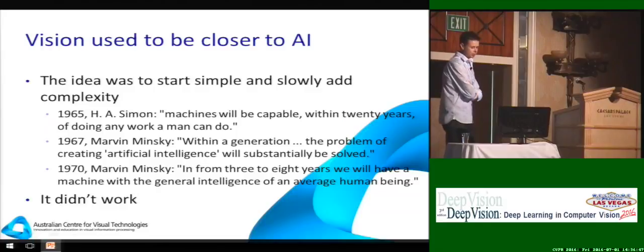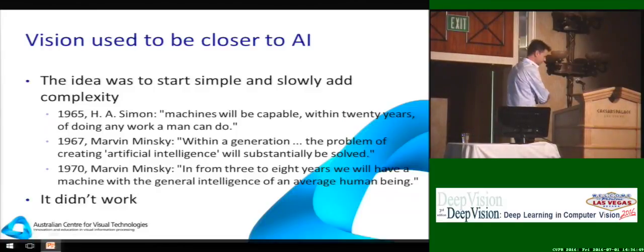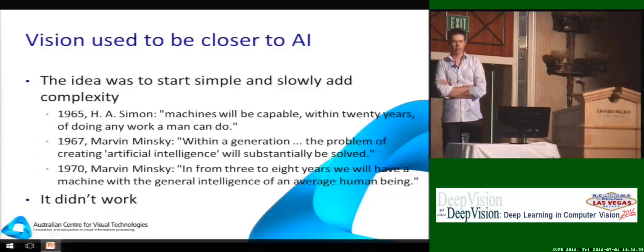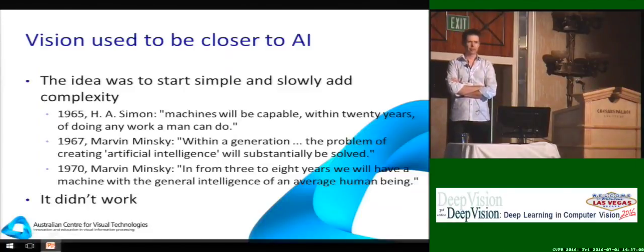And the idea was that if we started with something simple and solved that problem, then we could slowly add complexity until we got to the level of complexity of real-world problems. So that was a really nice idea, and there were all these predictions made.